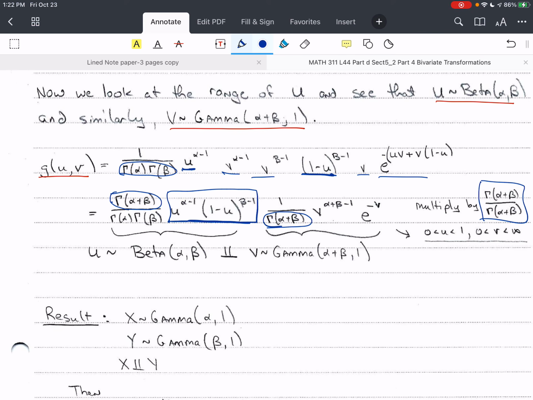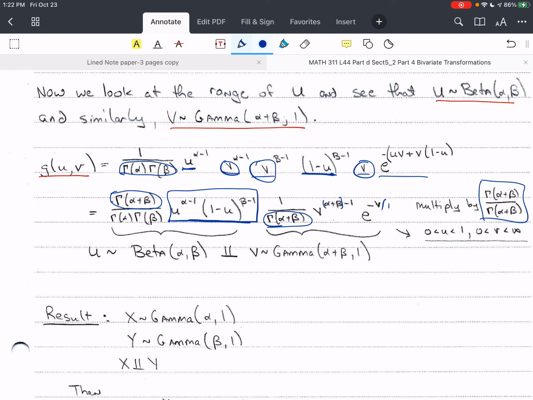And then I have combined the v terms, and I end up with v of alpha plus beta minus 1. And then e to the negative v, and that would be over 1. And I see that I can make this into a gamma distribution. So you need to do that as part of your homework.